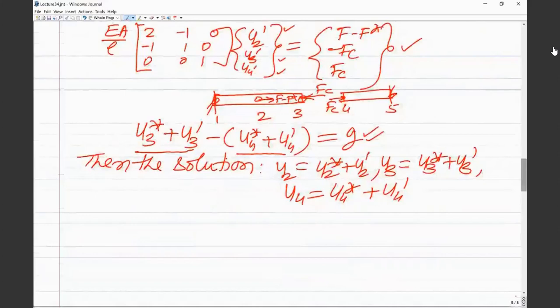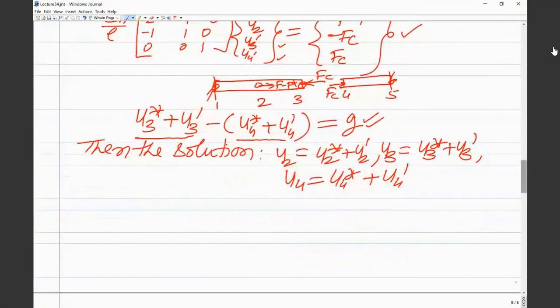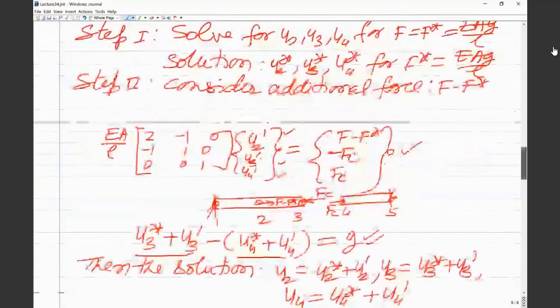Sir, how did the contact force come? Because in the first case there is no contact force. In the second, how do you approach by taking F star, then F minus F star, and how is the contact force coming? Means we are saying that the gap is closing. Yes, because the gap is closing, that is why the contact force is coming. So in the first case also there will be some contact force, because the solution is valid, no?